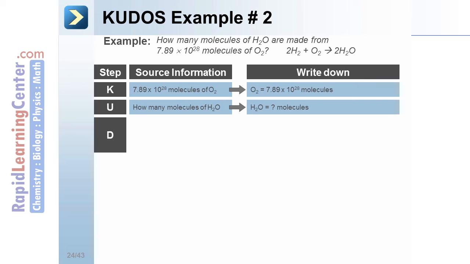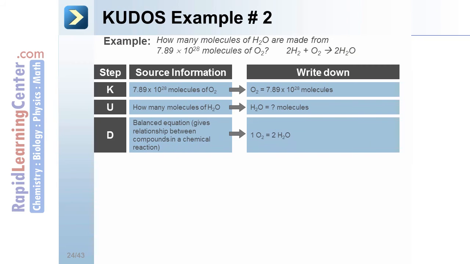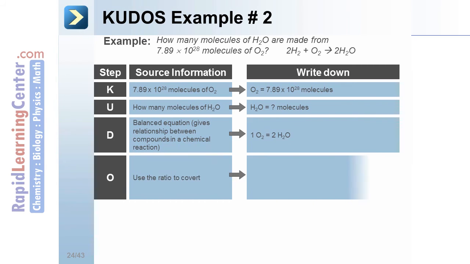Step D. Definitions, such as chemical equations. Step O. Use the ratio to convert from molecules of the known, oxygen, to molecules of the unknown, water.